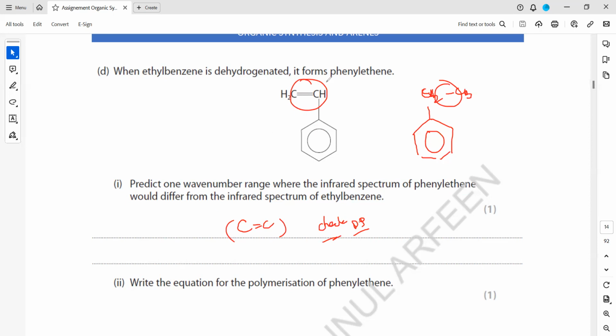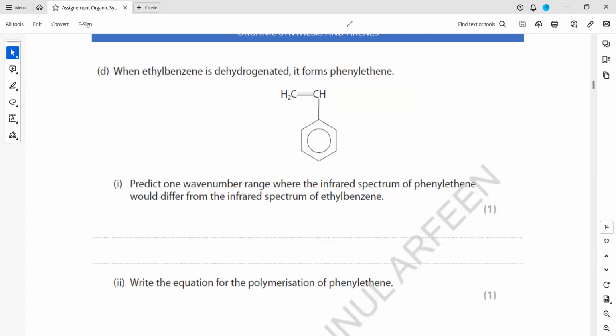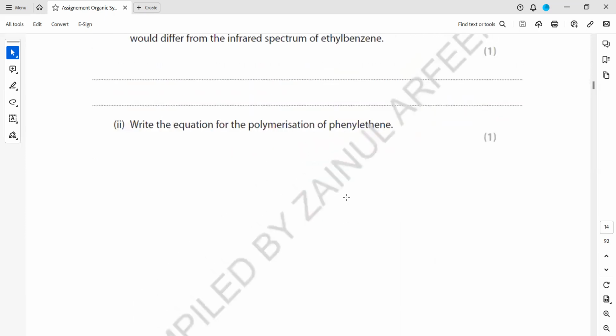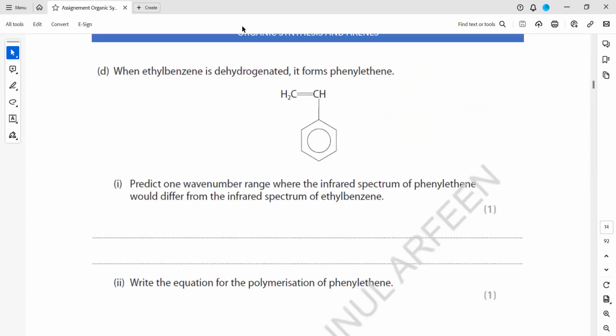Write the equation for polymerization of phenylethene. Phenylethene is an alkene, so it will undergo addition polymerization. What you simply have to do is break the double bond. And for the equation, we have to include both reactant and product. This will be CH and this will be CH2. We put a bracket and write n, and here also n.